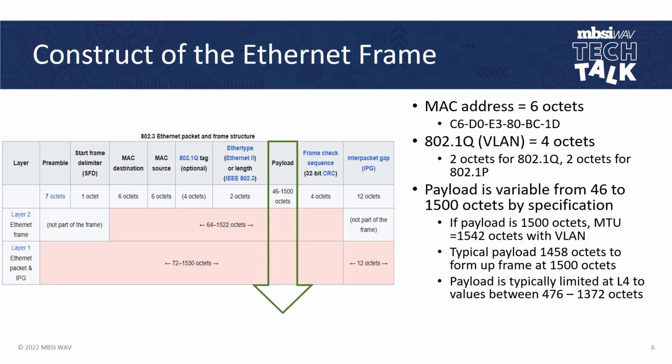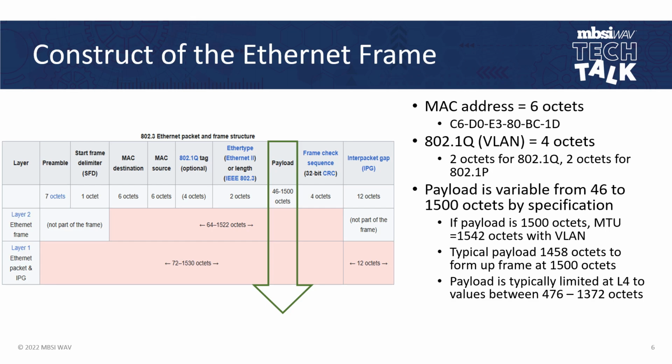All right, so how is this Ethernet frame constructed? This is a very important slide to understand because you can see here that the Ethernet layer itself is a data link layer function. The PHY itself is just a collection of, in this case, octets or bytes that are transmitted from one end to the other.